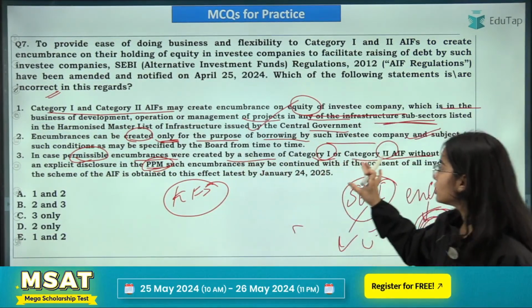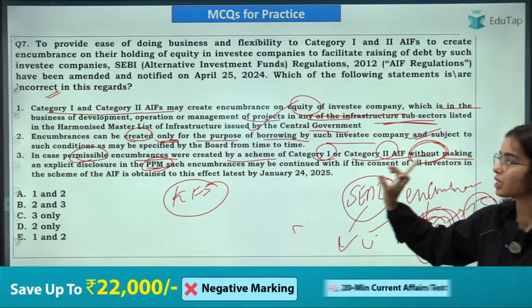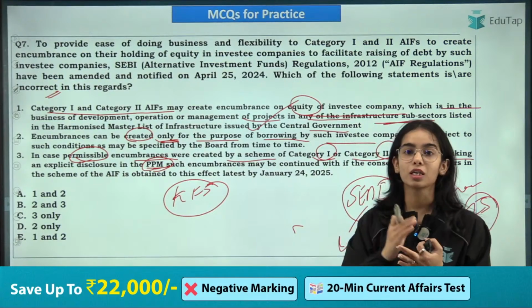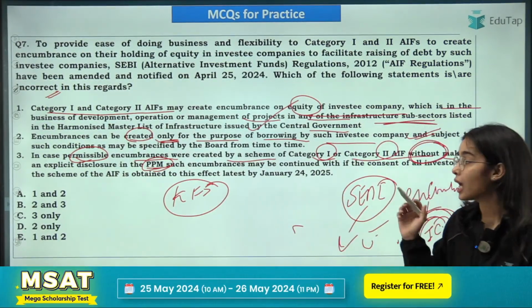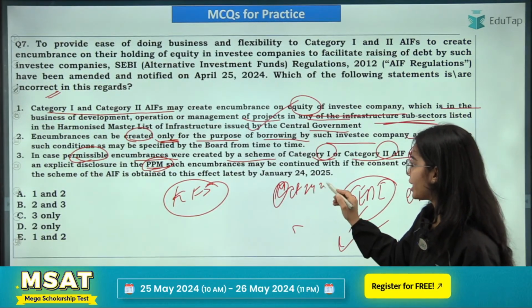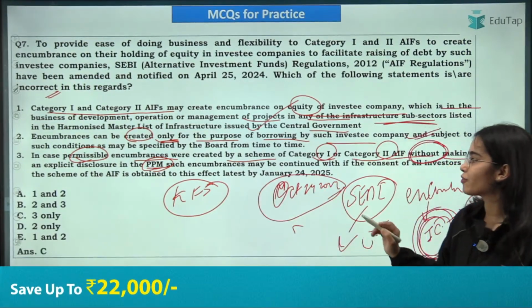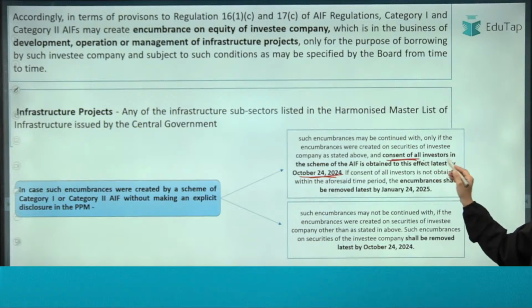So if the AIF has created the encumbrances without disclosure in the PPM, they have to tell the investors and get the consent of all the investors by October 24, 2024.